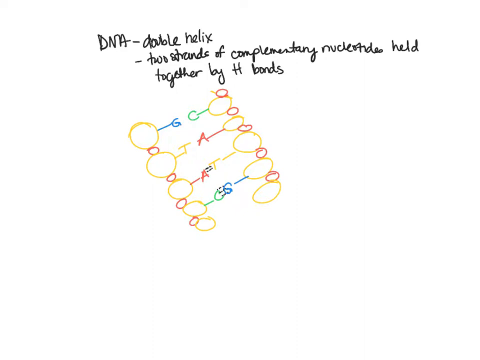So then recall that the information is stored in DNA in this pattern. If we were to unzip this, meaning break this apart at the hydrogen bonds, and just look at one side of it, we have a code.